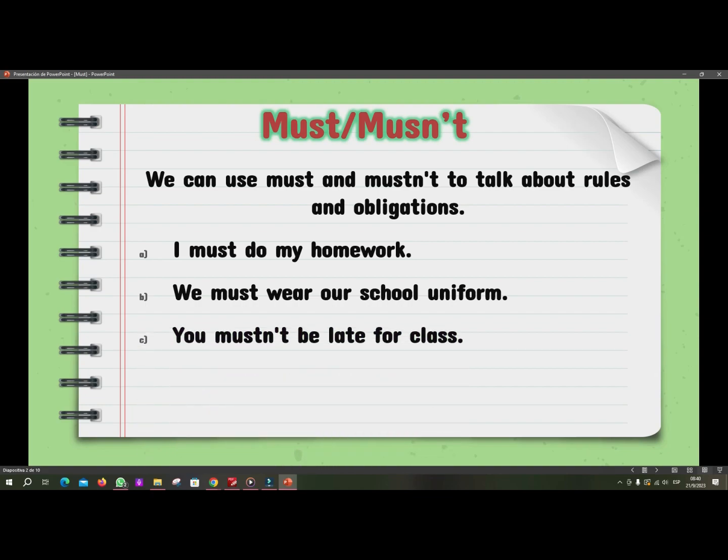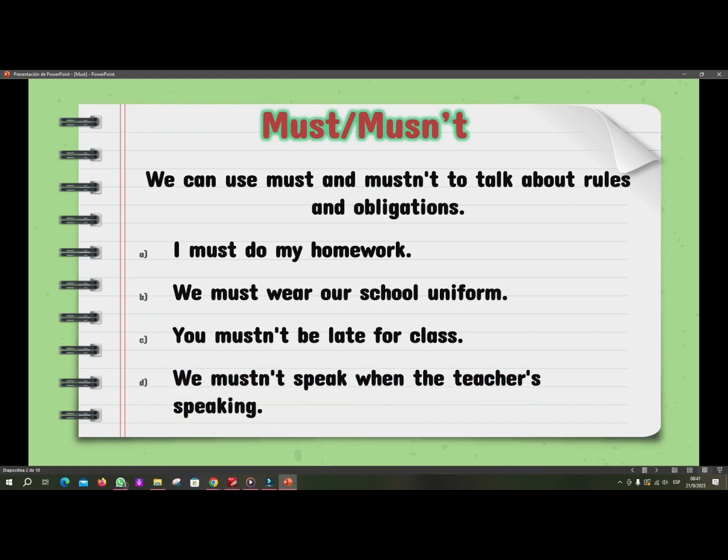So you mustn't be late for class. That would be like, you can say, a rule. So you mustn't be late for your English class. Maybe that would be like a prohibition if you use a negative form there, right?